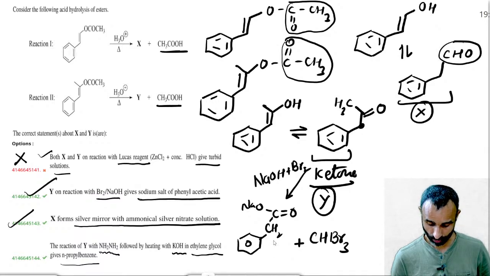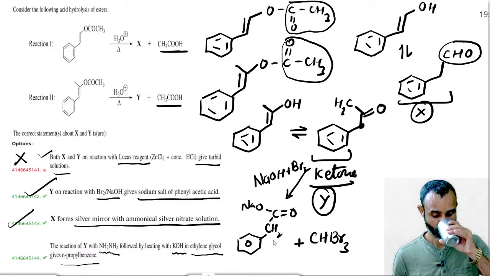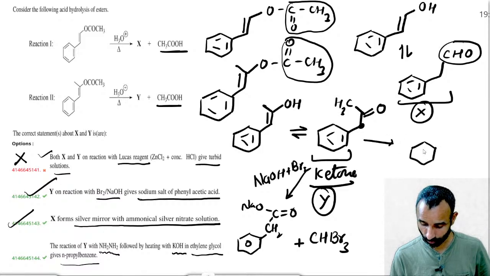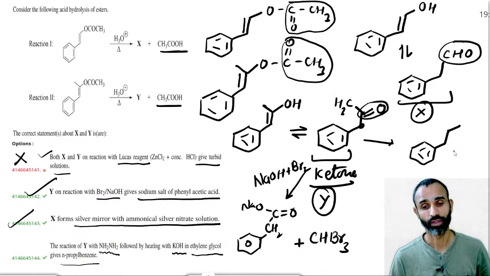Benzene, 1, 2, 3: this CO becomes CH2. So CH2, CH2, CH3, and we get propyl benzene.